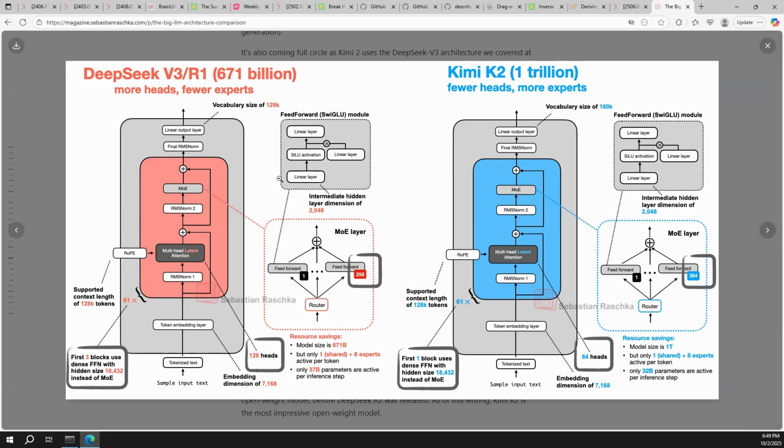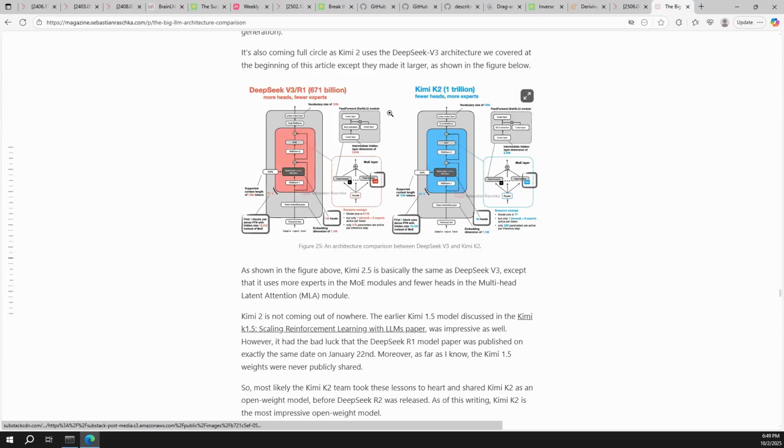But what this does mean, if you think about it in the bigger context, is the blueprint here is DeepSeek. The blueprint isn't Llama or something like that. You could say that the conventional wisdom for making a model that you think will be state-of-the-art performance is, obviously you need a lot of parameters, so they went to 1 trillion, and you do mixture of experts and have a lot of experts.